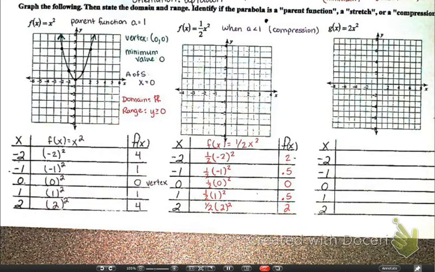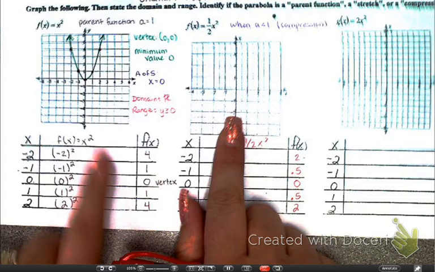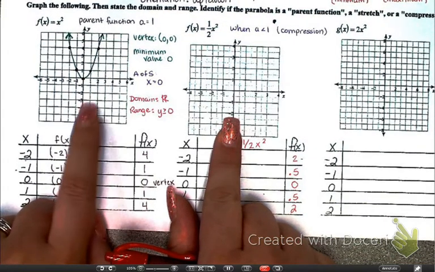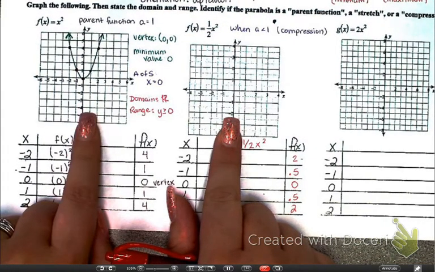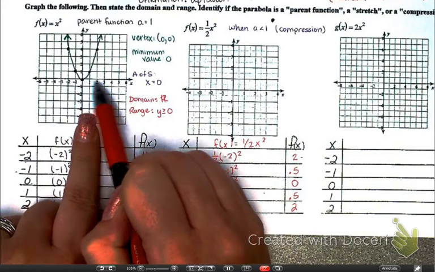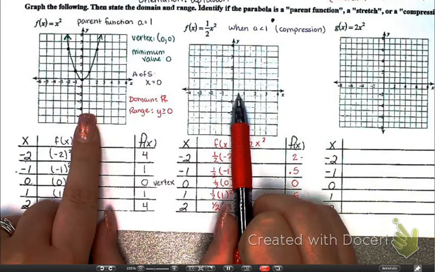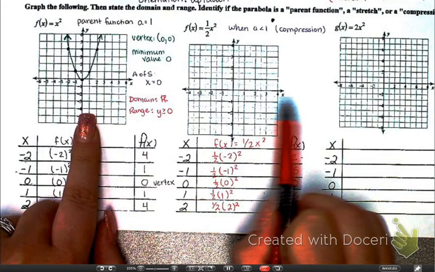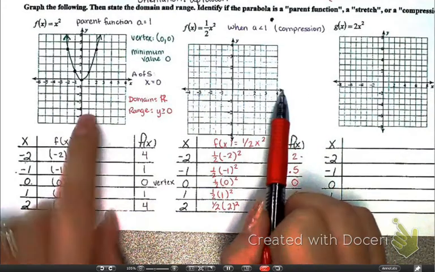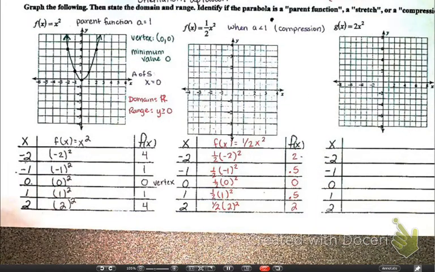Now I want you to look at the scaling on this graph versus this graph. What's the scaling on this side? It goes by ones, right? What happens here? It goes by 0.5. Do you see that? So you need to watch the scaling on your graphs as well. So let's plot those points.